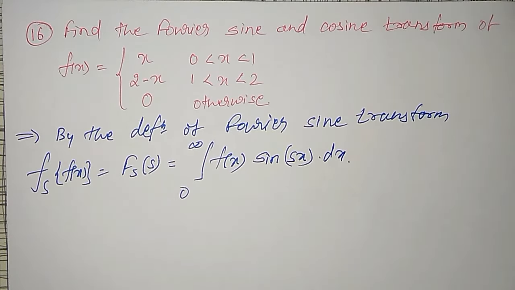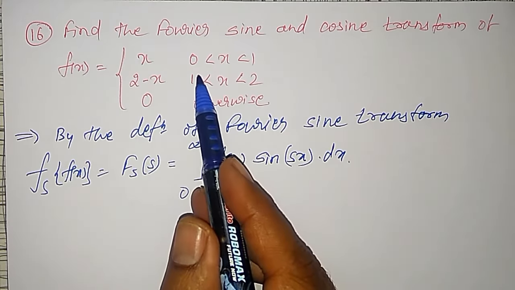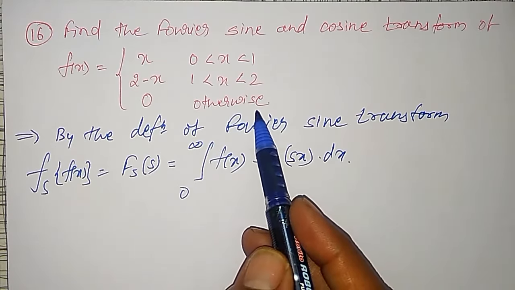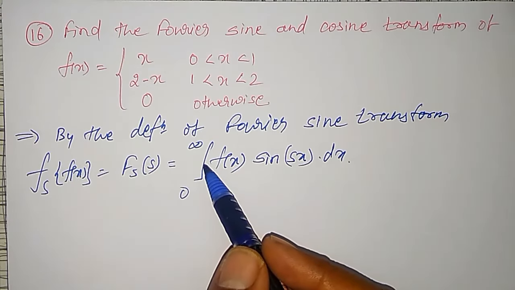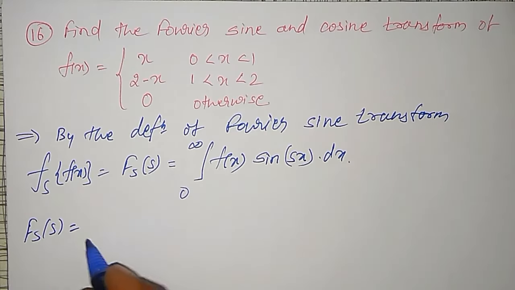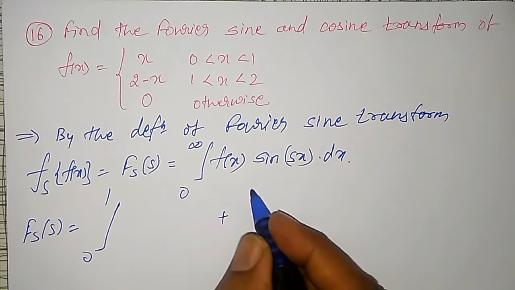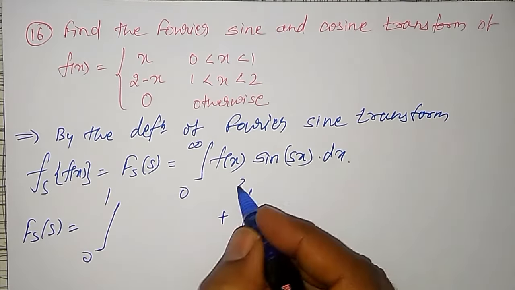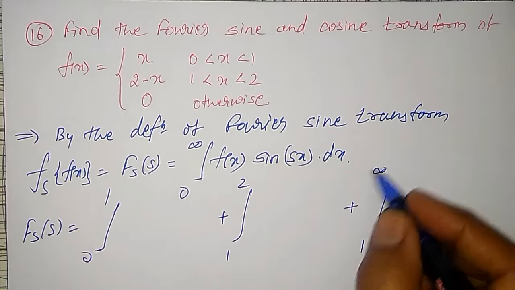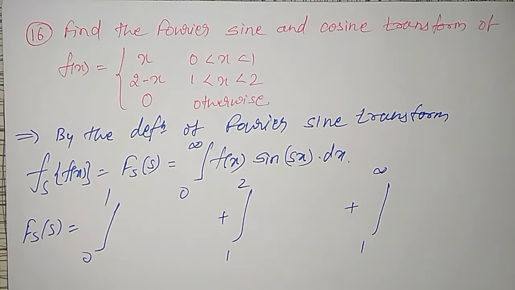Then my f of x is defined in three parts: 0 to 1, 1 to 2, and greater than 2. That's why this integration will be divided into three parts.